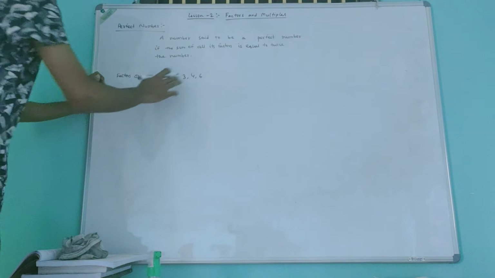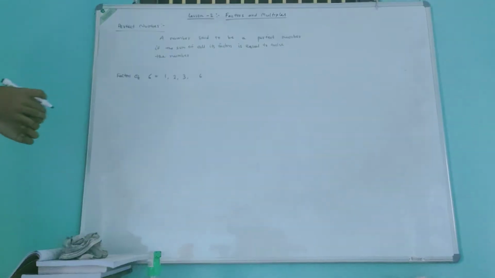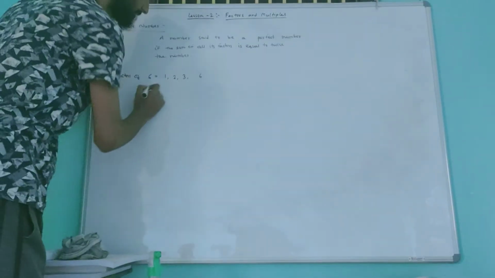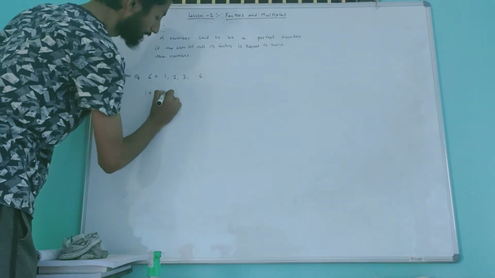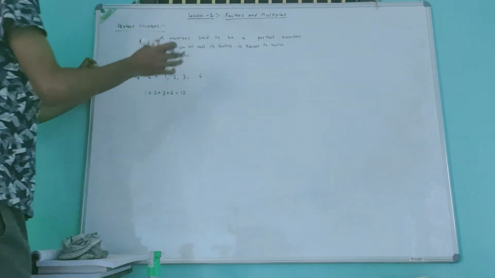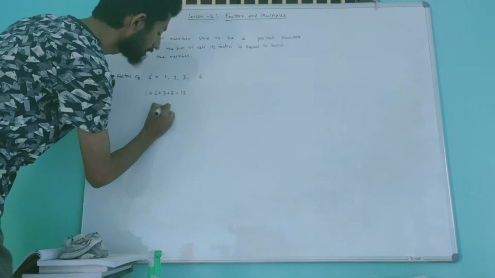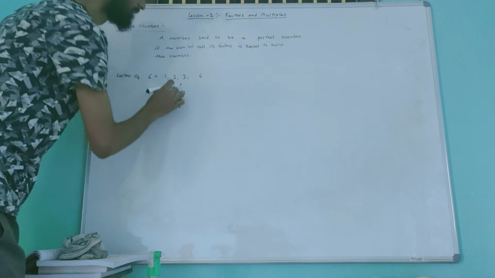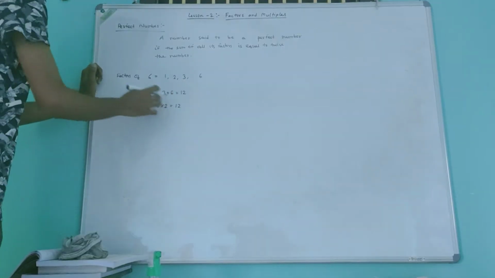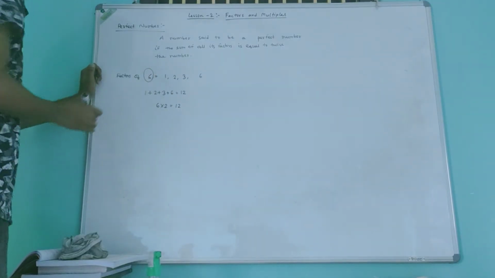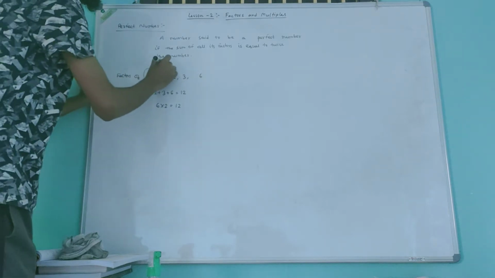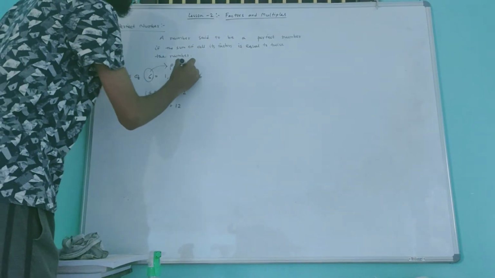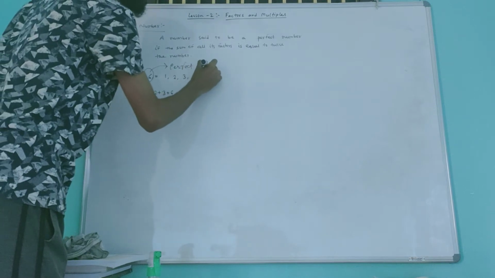The factors are 1, 2, 3, and 6. So their sum, 1 plus 2 plus 3 plus 6, equals 12, and the given number is 6. Multiply it by 2, which is 12. If they are the same, then we can call this 6 a perfect number.